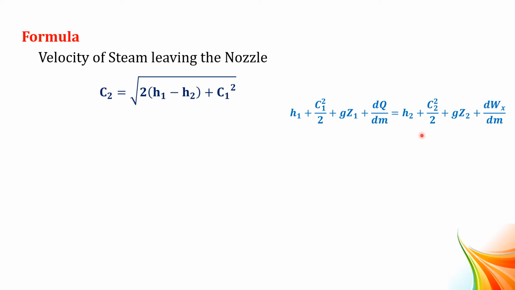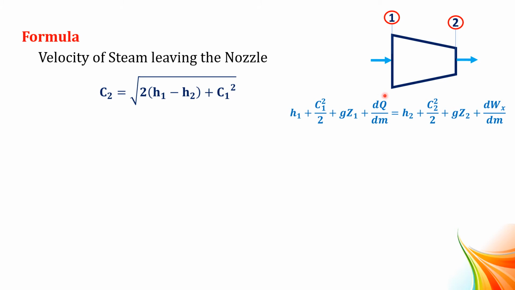Here H1 and H2 are the enthalpy values at the inlet and exit of the convergent nozzle, and C1 and C2 are the velocity of steam at the inlet and exit of the nozzle respectively, and gZ1 and gZ2 are the potential energy of steam at the entry and the exit of the nozzle respectively.